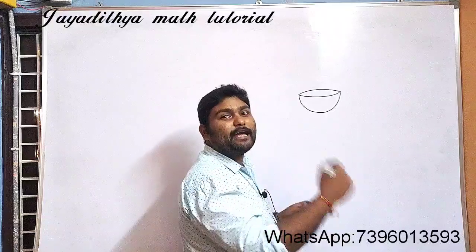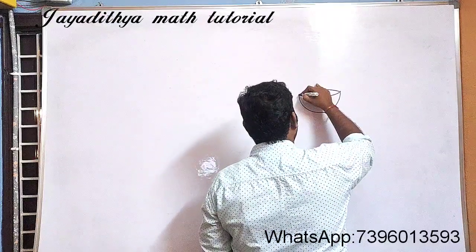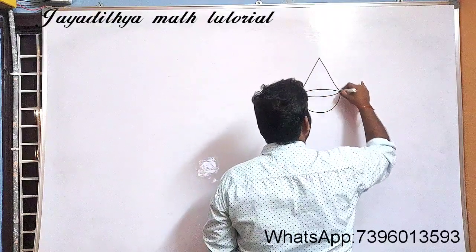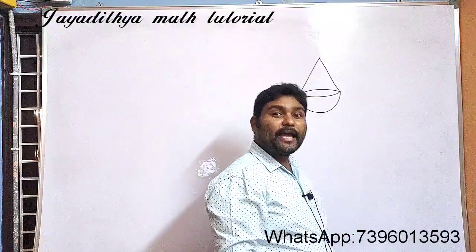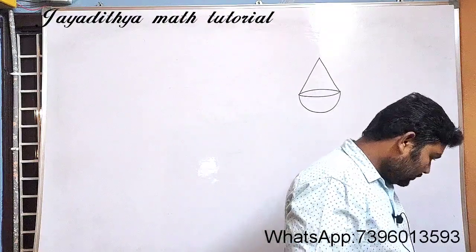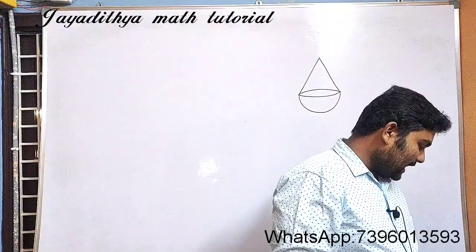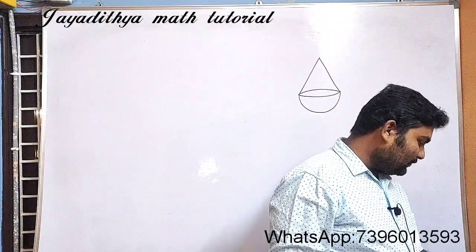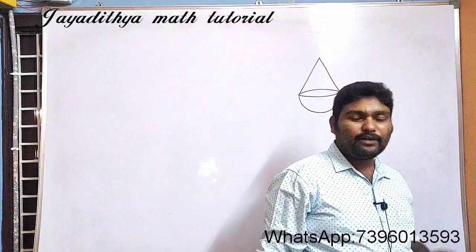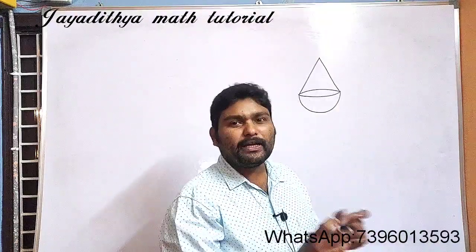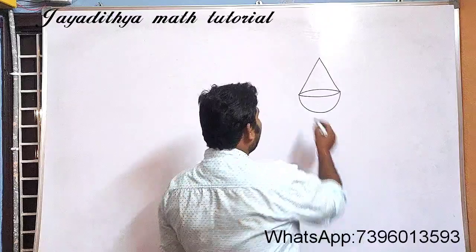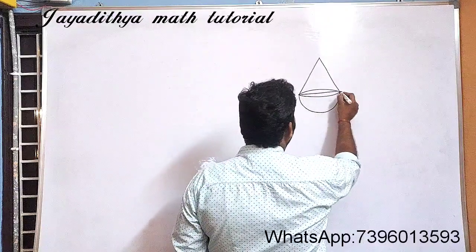On the hemisphere, a cone is mounted, it seems. And the diameter of the base and the height of the cone are 6 and 4 respectively. Only for the cone he has given the diameter of the base and height.